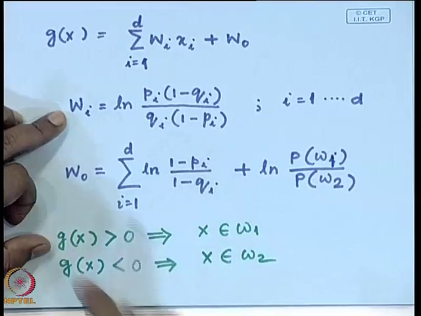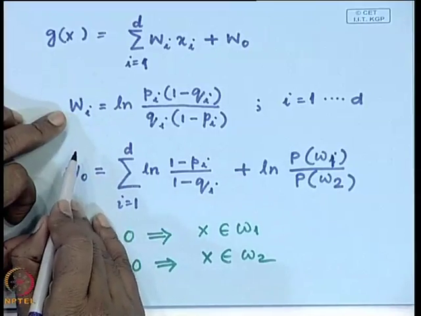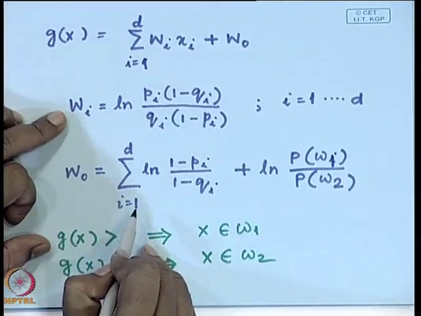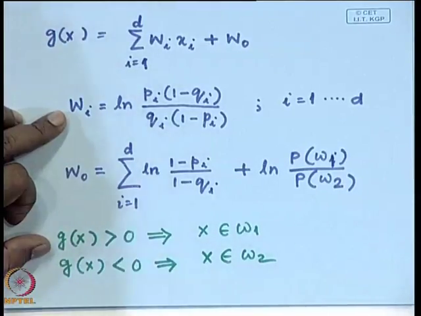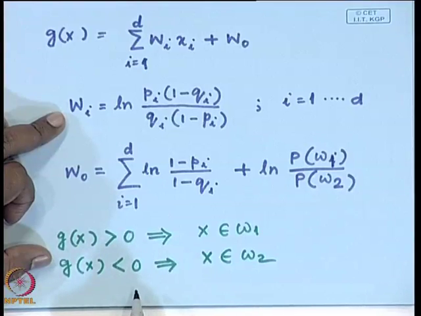Okay. But what x I is trying to do in this case, it is trying to give a vote equal to the modulus of w I in favor of class omega 2, because it is subtracting.